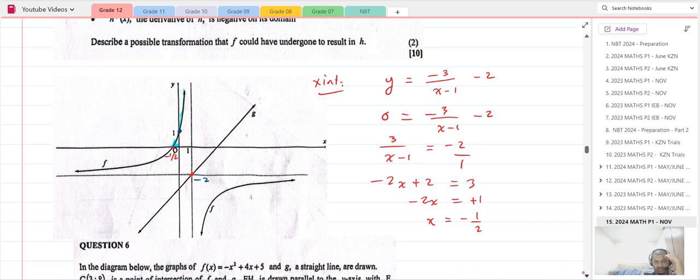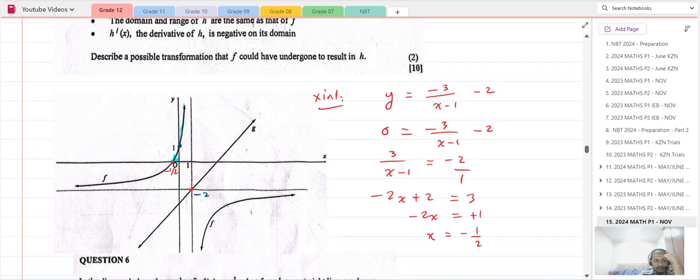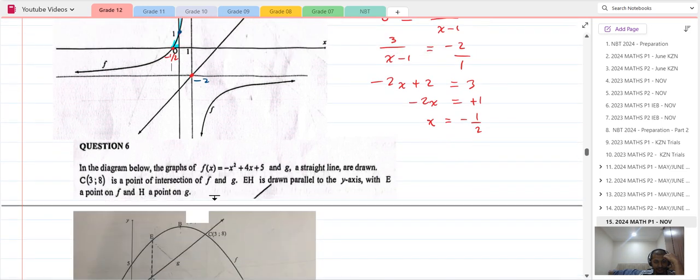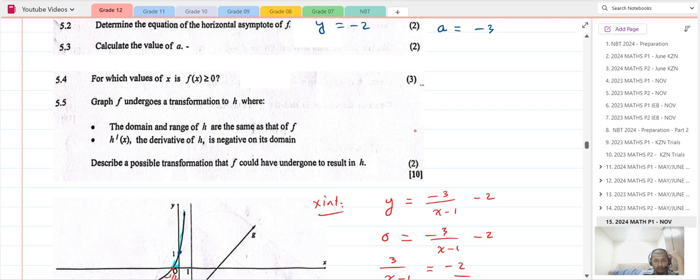So when is the graph positive? When the value of x is between minus half and 1. Be careful, you can't say just greater than minus half, because then it can be 1 as well. So it's between minus half and 1. So what's the answer for this problem? 5.4, between minus half and 1.